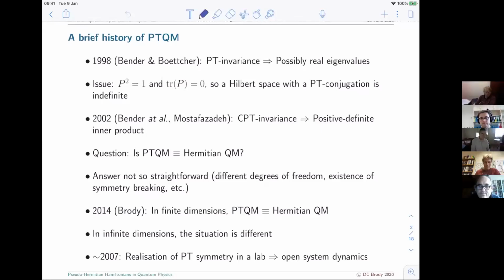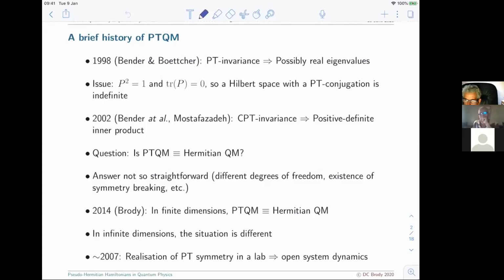And that leads to the question whether PT-symmetric quantum mechanics is equivalent to Hermitian quantum mechanics.